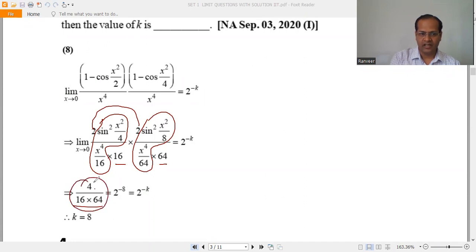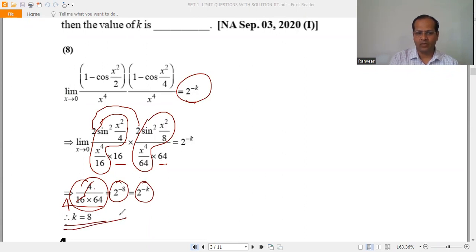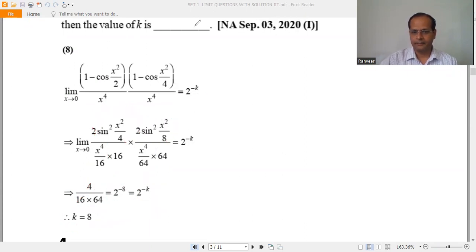Once we calculate this, this is 4, this is 256, and this we can write as 2 to the power minus 8, and on the right hand side 2 to the power minus k. So definitely we just equate the value, and this is k equal to 8. So this is the basic concept that you have to apply.